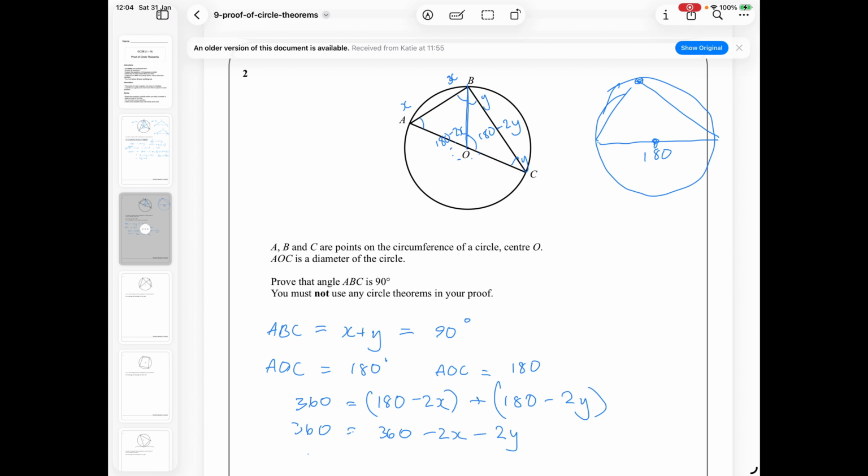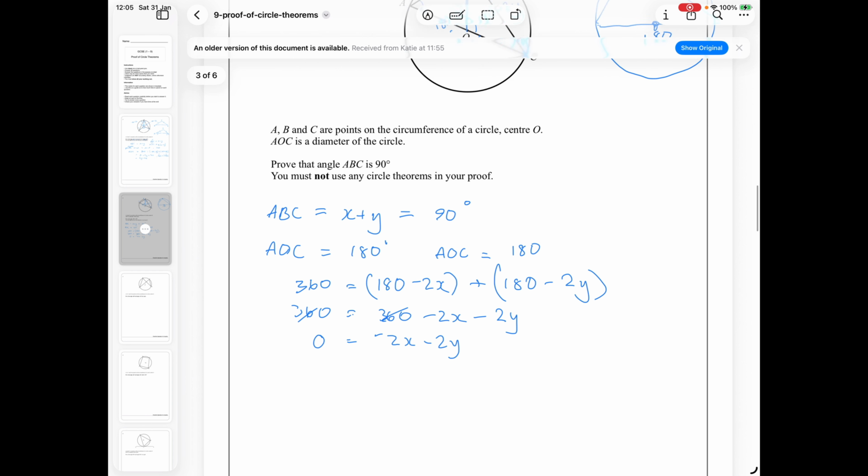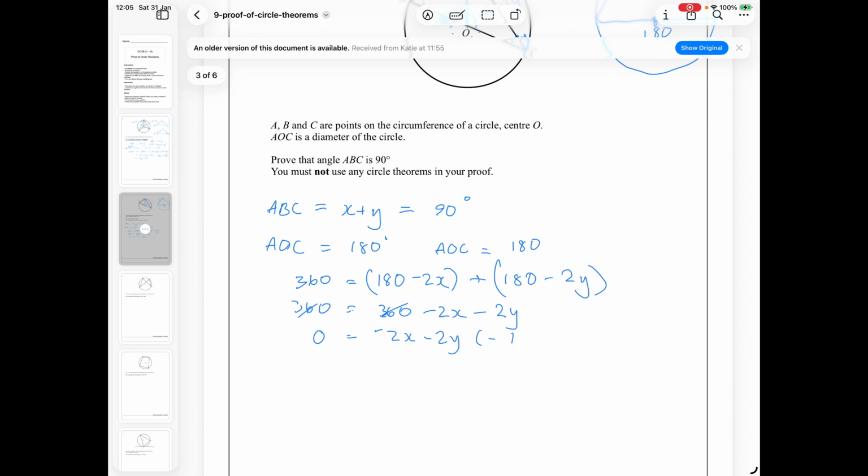That means that we can take 360 off both sides, so 0 equals minus 2x minus 2y, and we can multiply both sides by minus 1, and we get 2x plus 2y equals 0. So that equals 180, because we can see that.